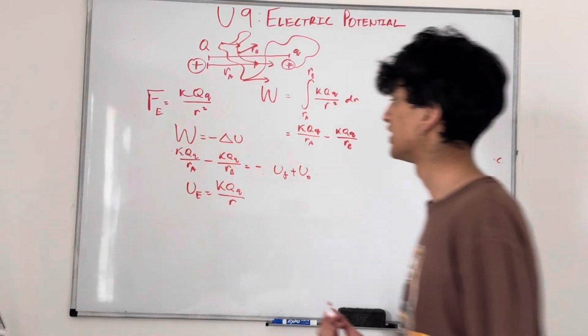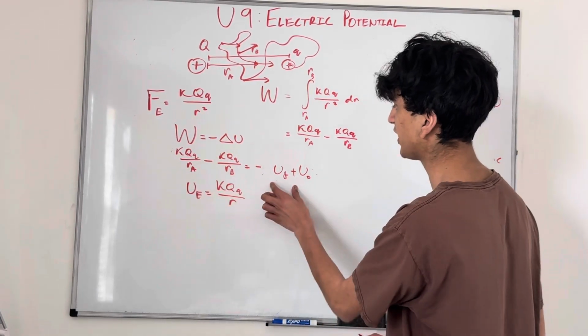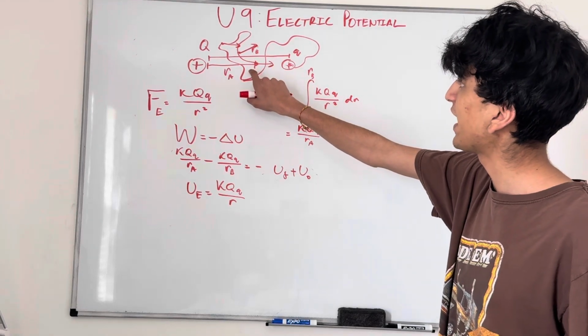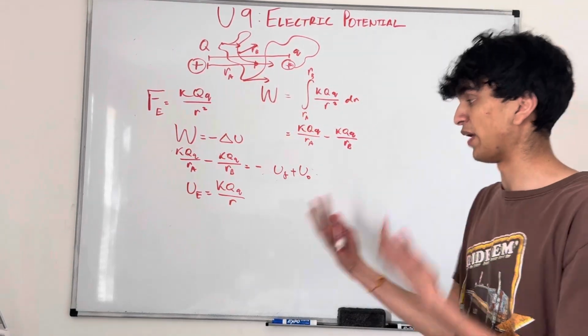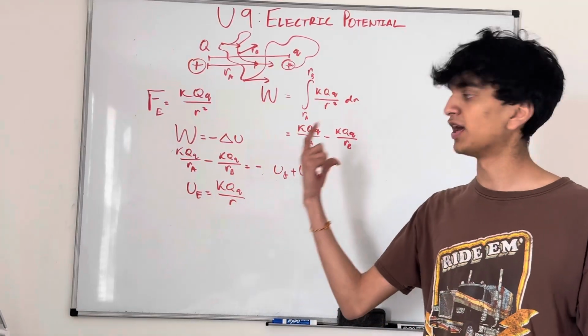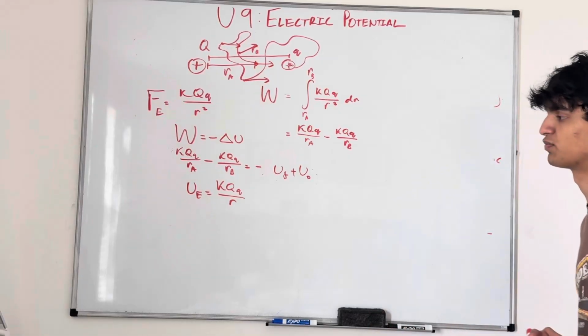If this was the initial potential energy at RA and the final was at RB, that makes sense. So any potential energy at any point will follow this formula. That's what I did here, I derived that expression.